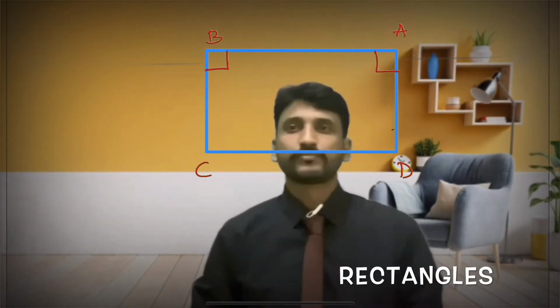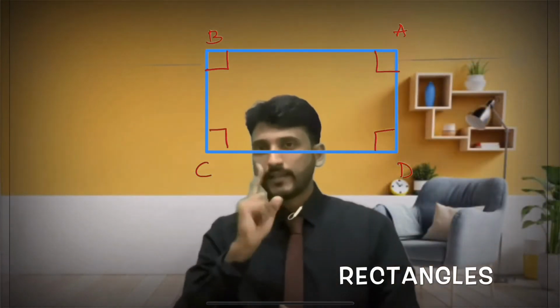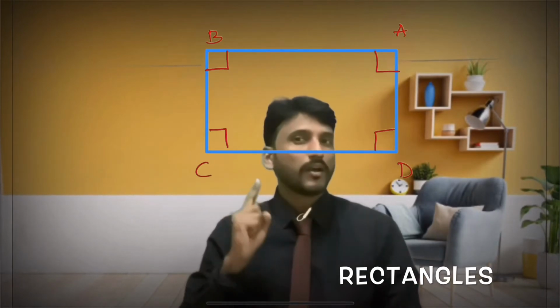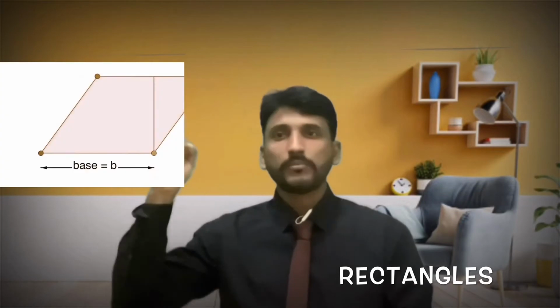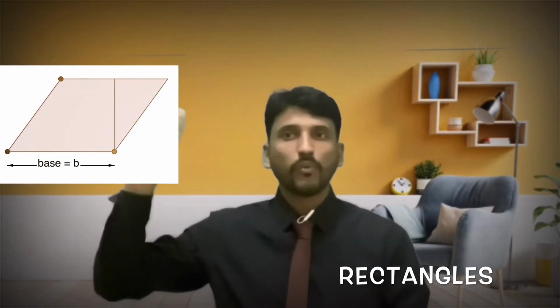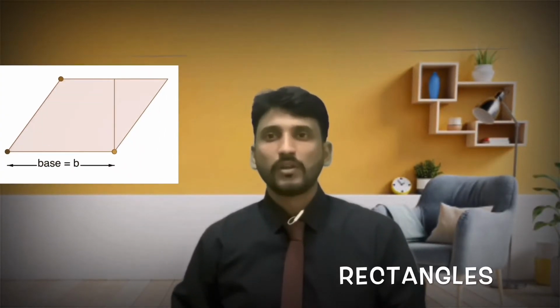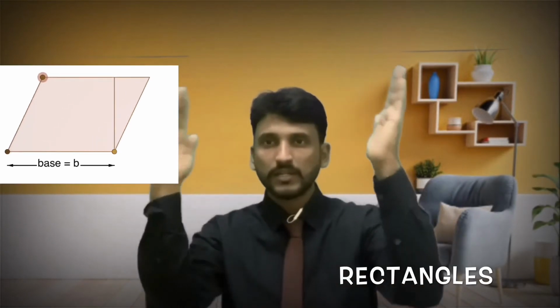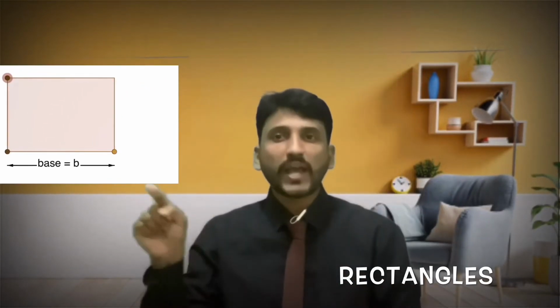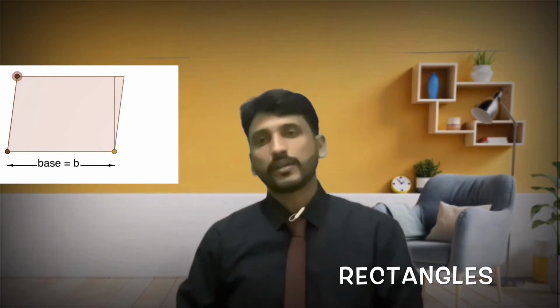But what happens if in a parallelogram each of the angles equals 90 degrees? Then that becomes a rectangle. You can see the demonstration of a parallelogram changing into a rectangle over here. Just a slant turning straight, each angle becoming 90 degrees.